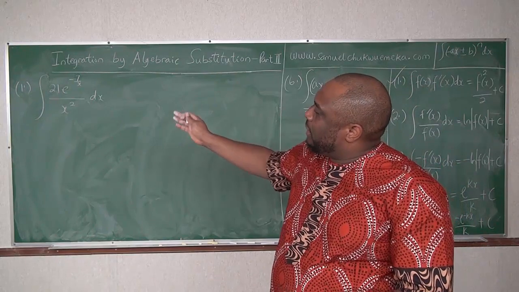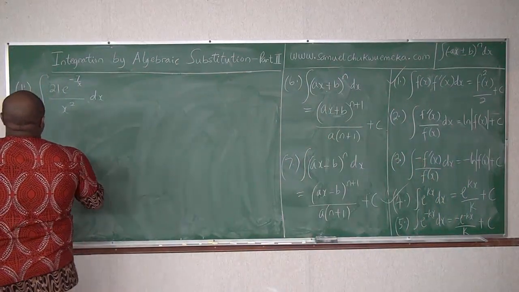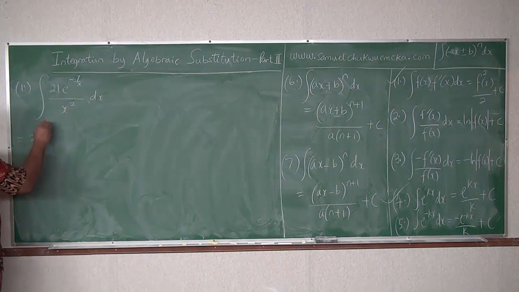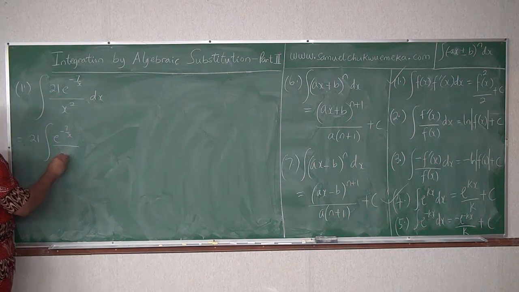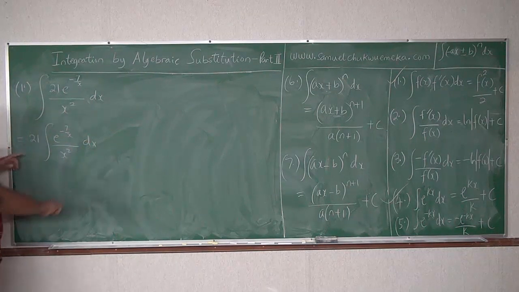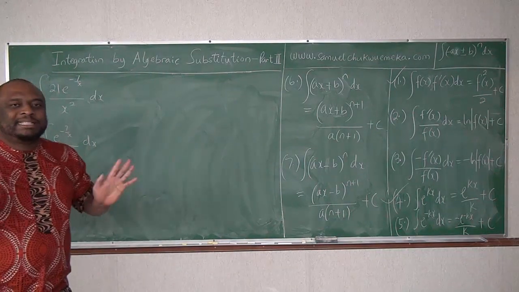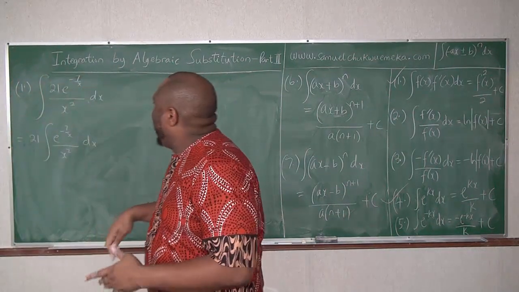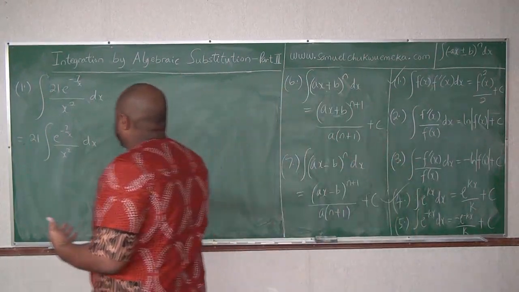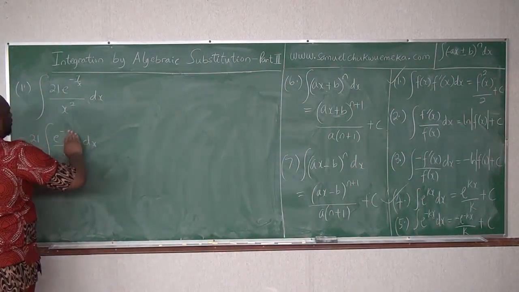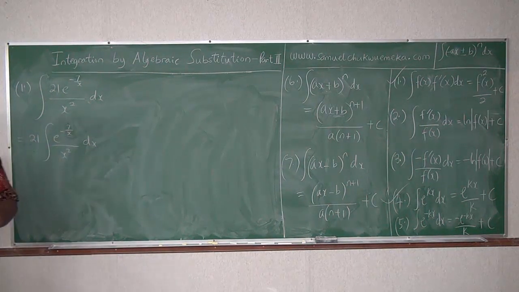Because if you look at this, the first thing we need to do is bring out 21. Let's always bring out the constant so it does not interfere with us. And then you look at this. It is not easy to just find the integral like this.